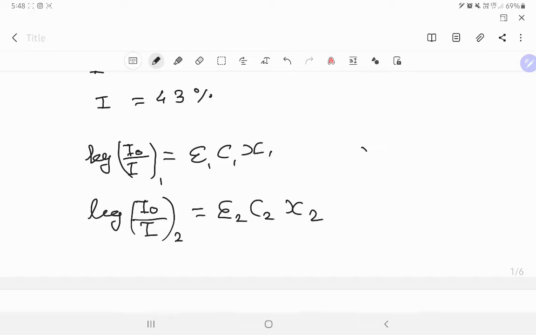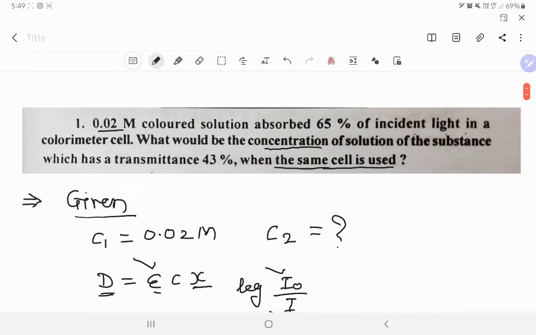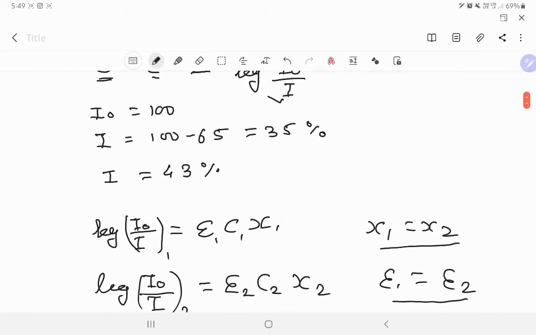But x1 is equal to x2 because we are using same cell, and epsilon 1 is equal to epsilon 2 because we are using same solution. Epsilon is the molar extinction coefficient. It is constant and it is a characteristic of that particular substance. Since here we are using same cell and same solution, same substance, that's why epsilon is also constant. x1 is equal to x2, epsilon 1 is equal to epsilon 2.